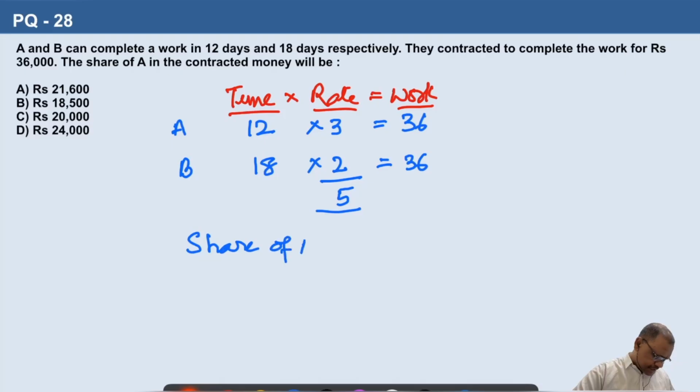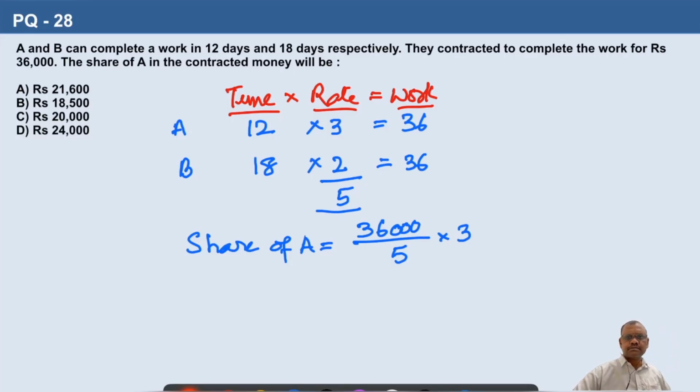Share of A is equals to 36,000, make it into 5 parts. 3 parts is the share of A. Simplify this. 5 sevens 35, 5 7s 2s, 360, and carry 2 zeros.